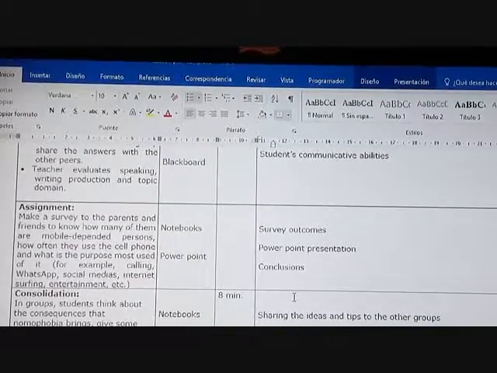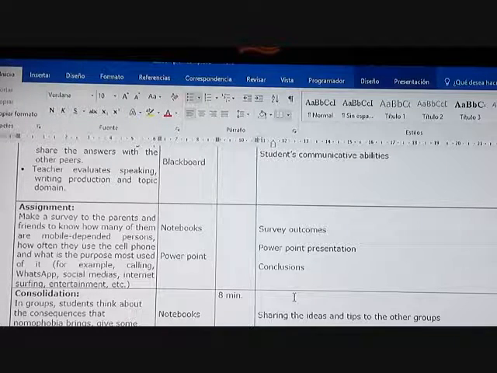In the assignment, students have to make a PowerPoint presentation, which has to include a survey of parents and friends to know how many of them are mobile dependent or mobile addictive persons, how often they use their cell phones, and what their most common purpose is.